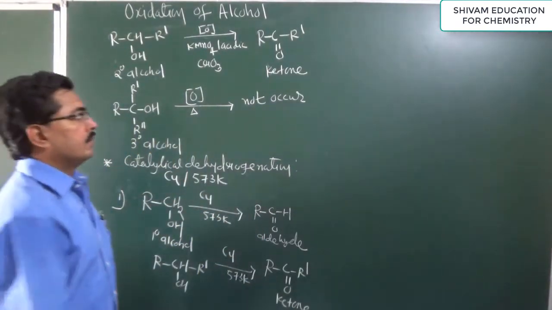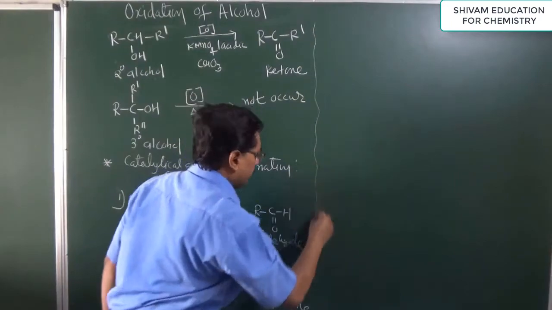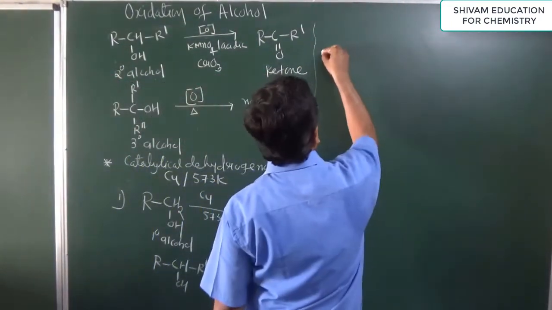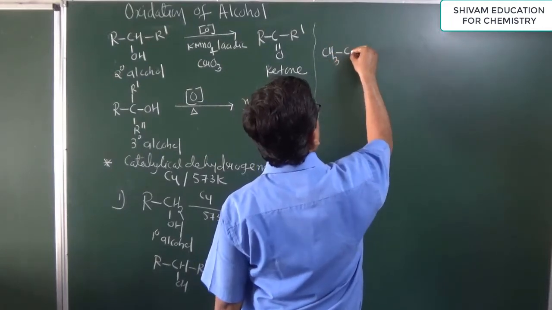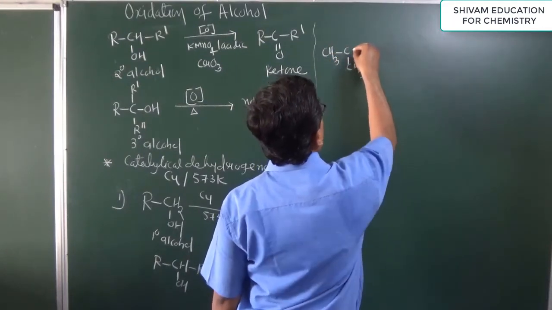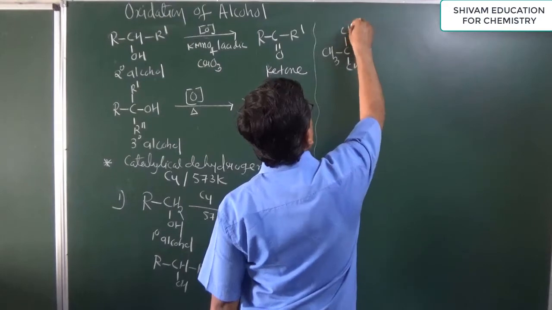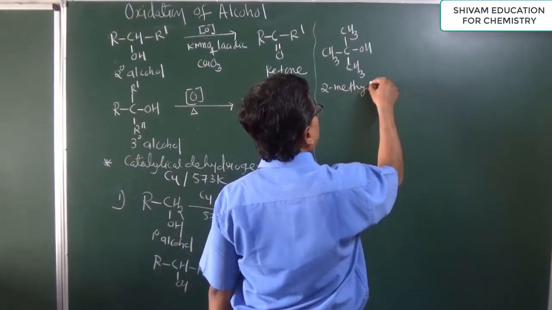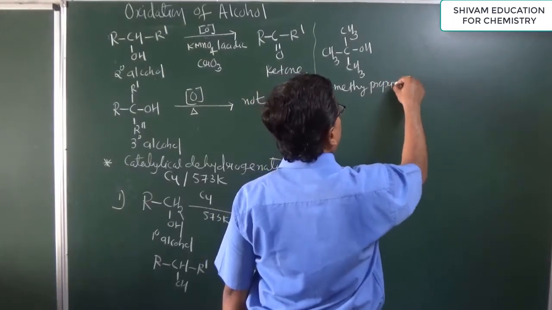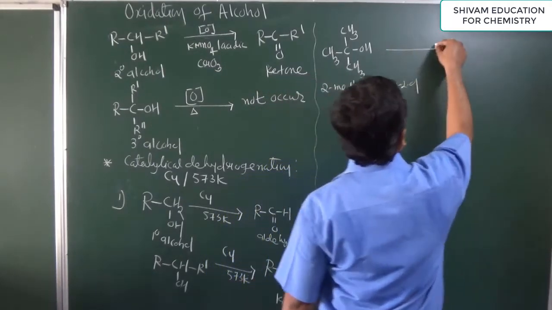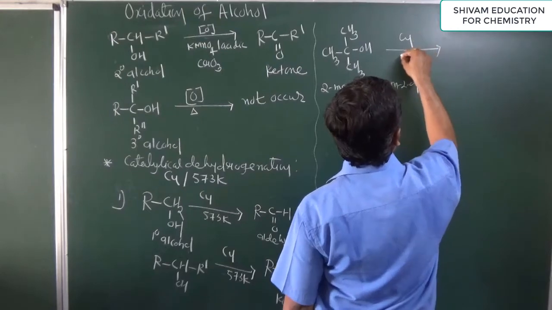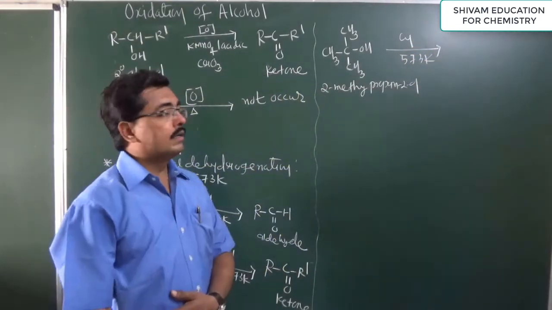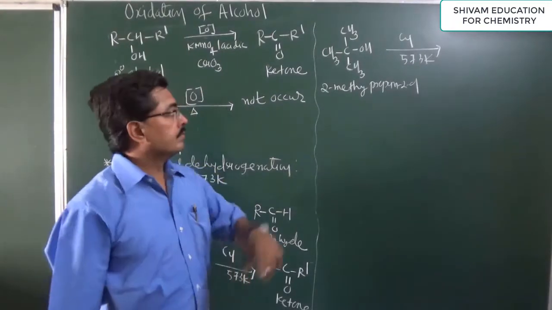And if we take a tertiary alcohol, suppose 2-methylpropan-2-ol, the catalytic reaction at 573 Kelvin occurs in a different way.